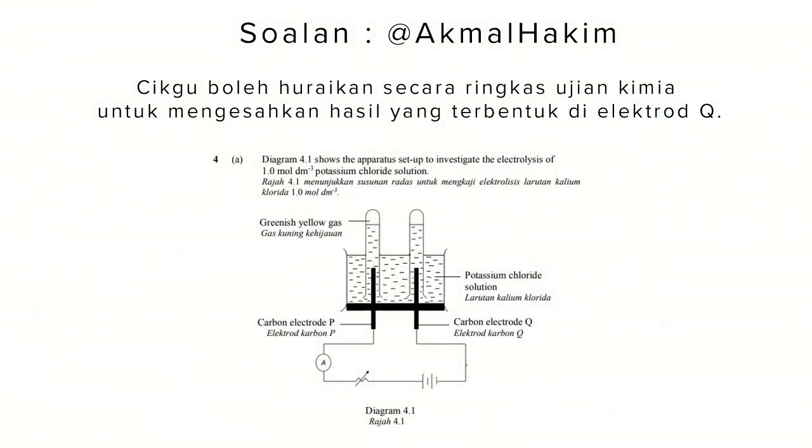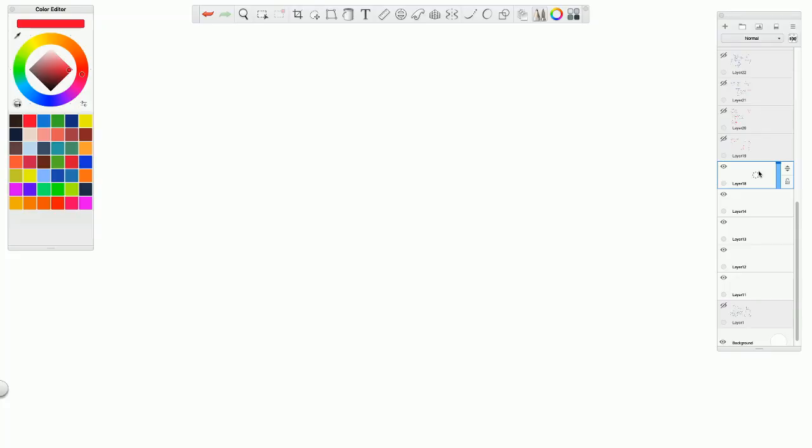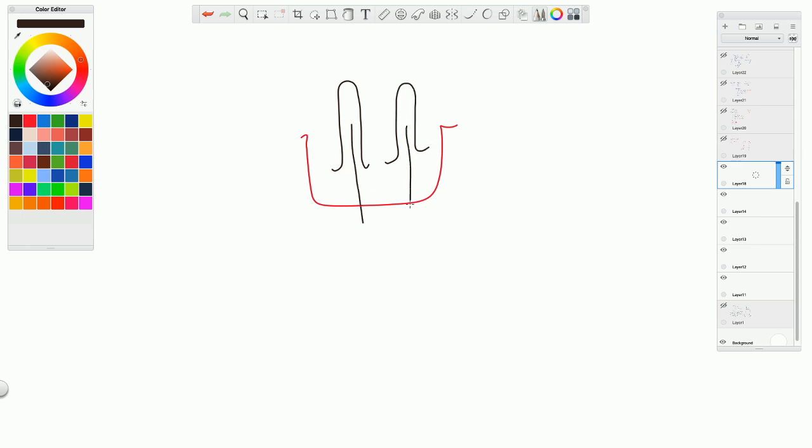Ujian kimia untuk mengesahkan hasil terbentuk di Q. Okay, so kita lihat sini. Electrolysis gunakan larutan kalium klorida. Okay, now.